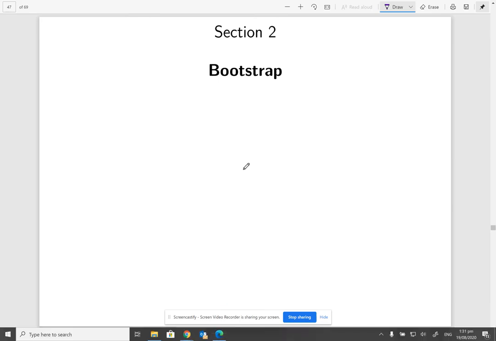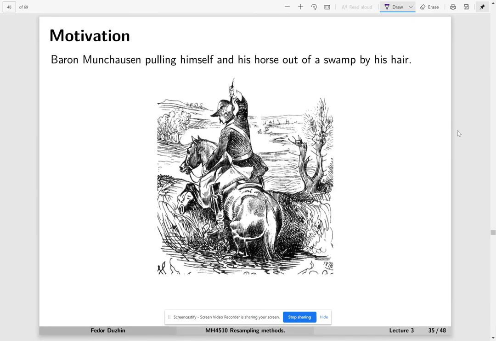Let me first explain the origin of the term. The original story was from the 18th century. It's about this funny character called Baron Munchausen, who pulled himself and his horse out of a swamp by just pulling his pigtail.